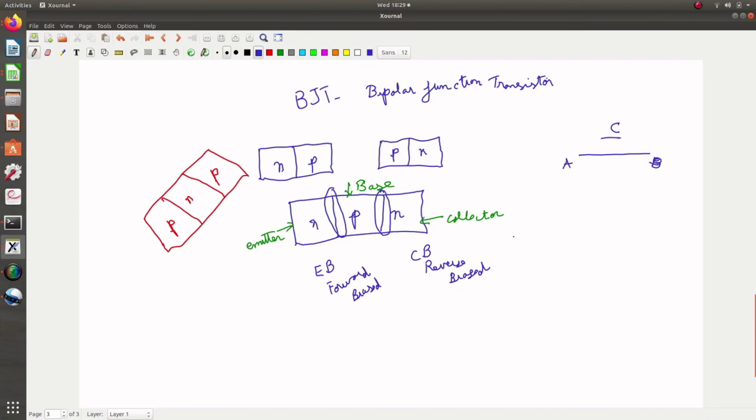This is the requirement for a transistor to act as an amplifier.